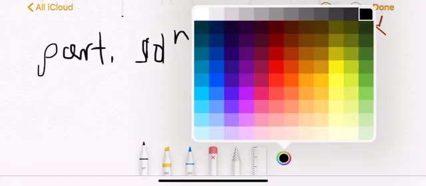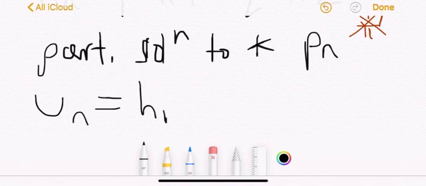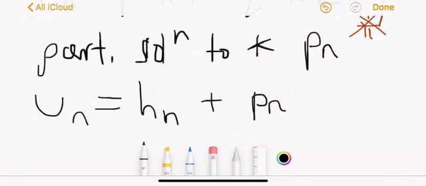So the general solution u_n is equal to h_n plus P_n. And what we want to talk about in this video is how we find this P_n. There are some general rules we can apply. These rules don't always work, but in this video I'm going to show you examples where they do work, and in another video we'll talk about times where they don't work.